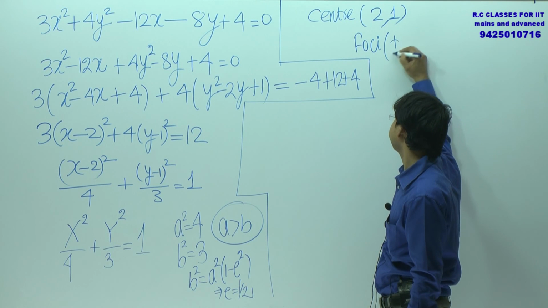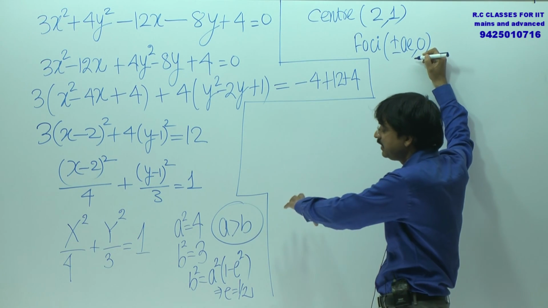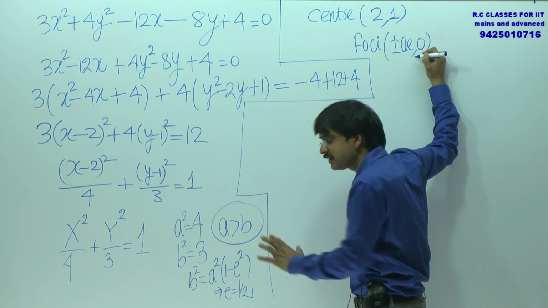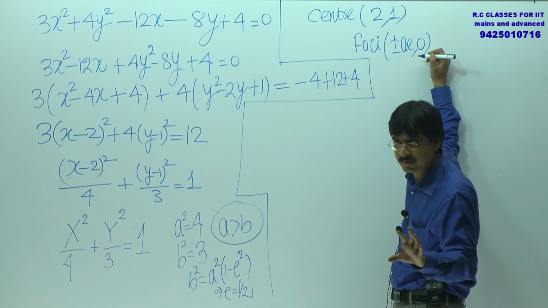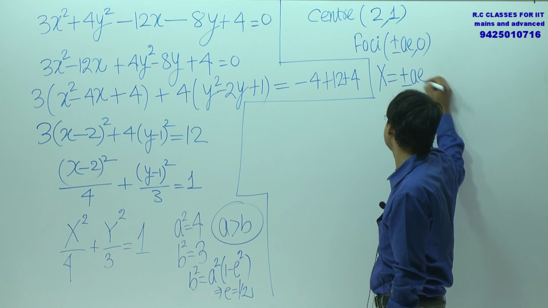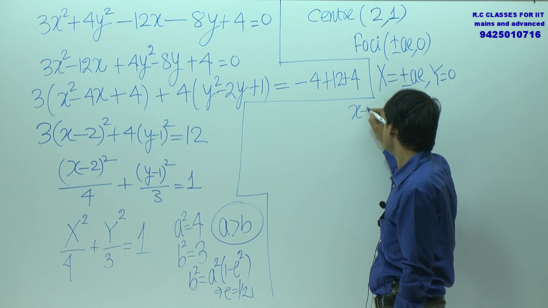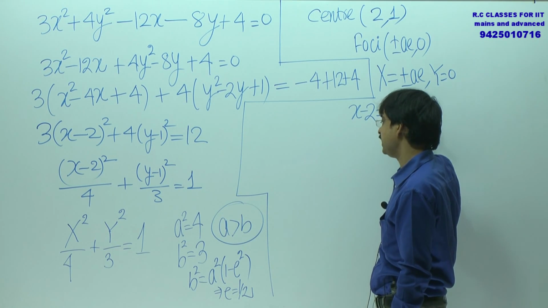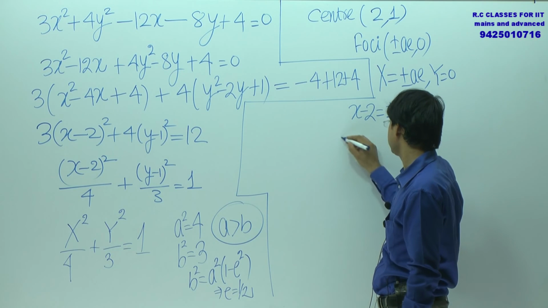Okay, plus minus a comma 0, because major axis is clearly a greater than b, major axis is x axis. Here it's not going to be x axis, parallel to x axis. Capital X is plus minus a and capital Y is 0. Capital X, x minus 2 is equals to plus minus a square is 4, a is 2 into e is 1 by 2.